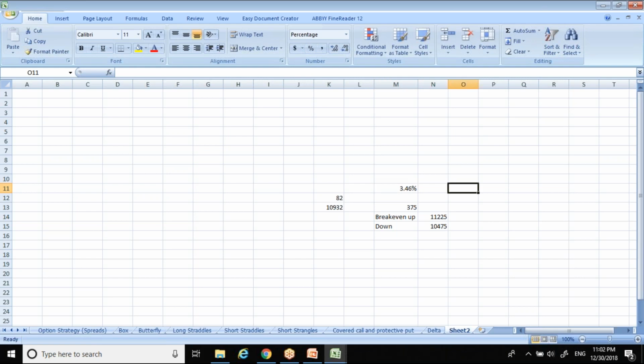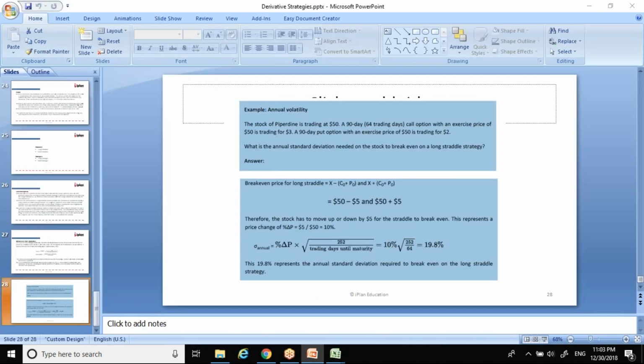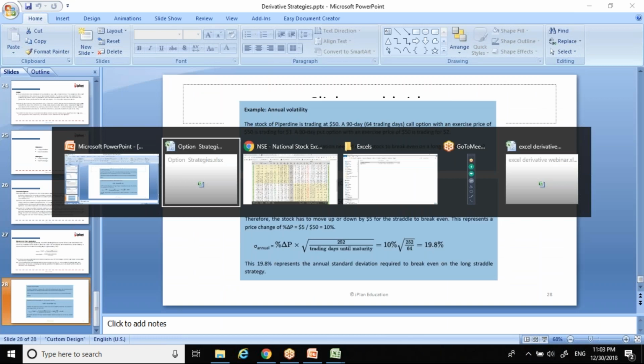Now use the formula. The change in prices multiplied by the square root of 252 divided by the time remaining till expiry.